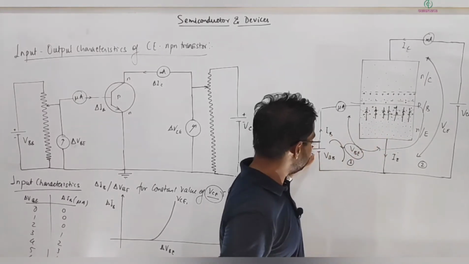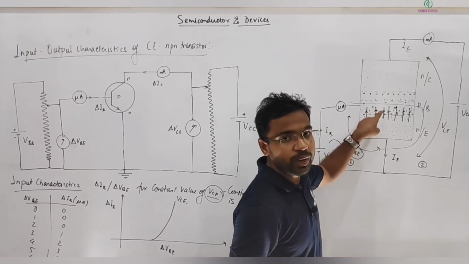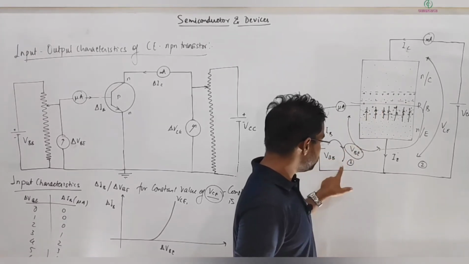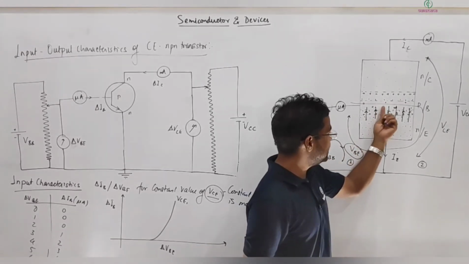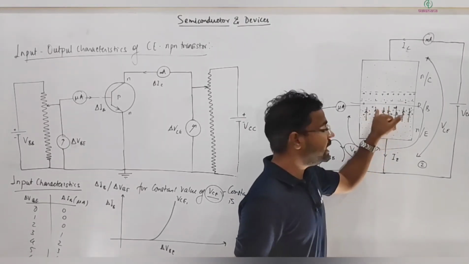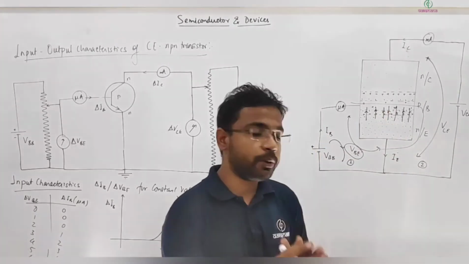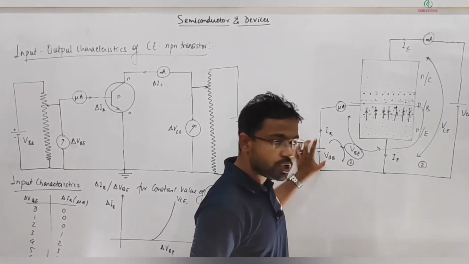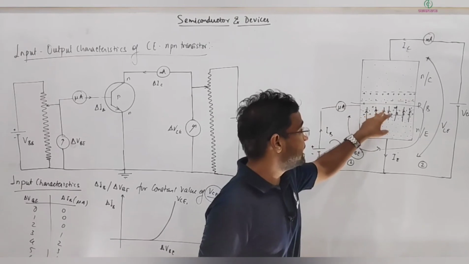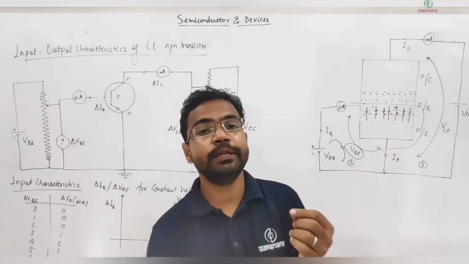And when this potential drop is very small, you can see the potential barrier will be quite high. And when this potential drop is even smaller than this potential barrier, in that situation, this will be reverse biased. Up to the point where this is not countering this reverse bias or the barrier, there will be no current.